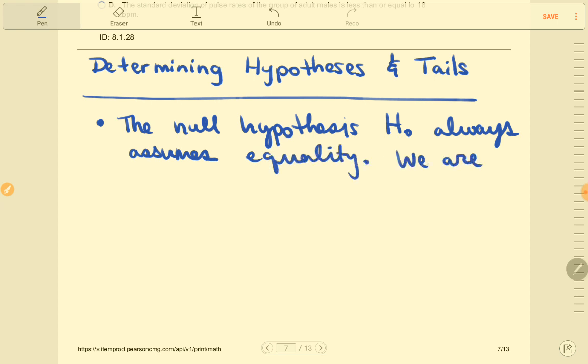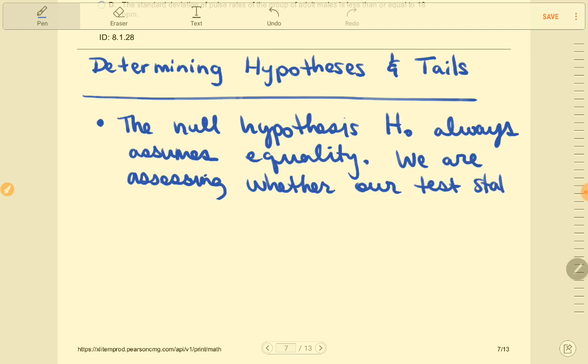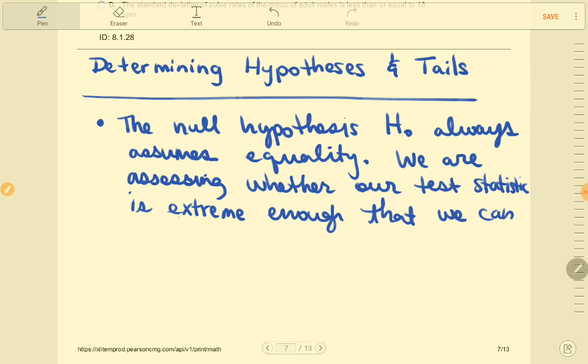We are assessing whether our test statistic, meaning the sample statistic that comes from our sample, is extreme enough that we can assume the result did not happen by chance.